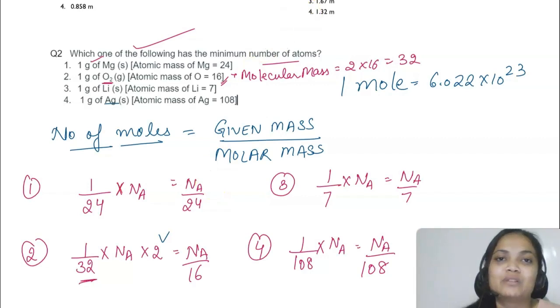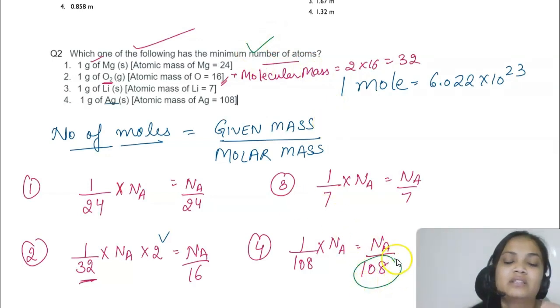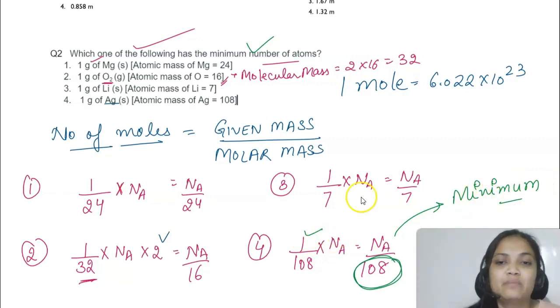Just don't put the values and start calculating. Please don't do it, students, because here you have to find the minimum number of atoms. And in maths, you have studied that if the denominator is the biggest, the answer is going to be the minimum. If you divide something by 108, you will get the minimum value as compared to the other options.